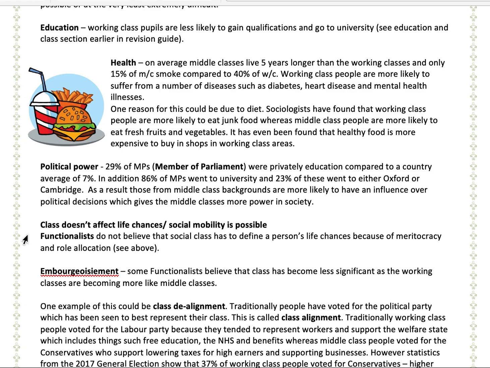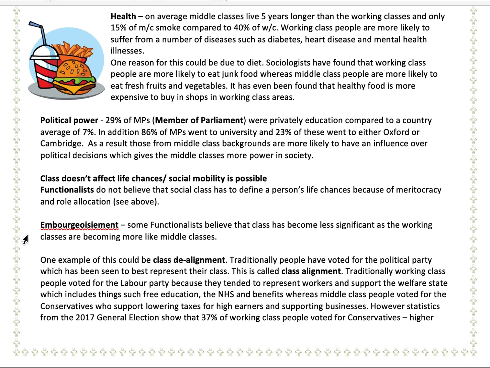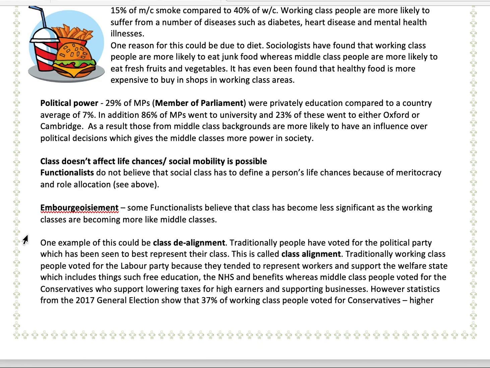And embourgeoisement. This is the idea that class has become less significant in impacting our life chances, and the working class are behaving more like the middle class. One example of embourgeoisement is class de-alignment.